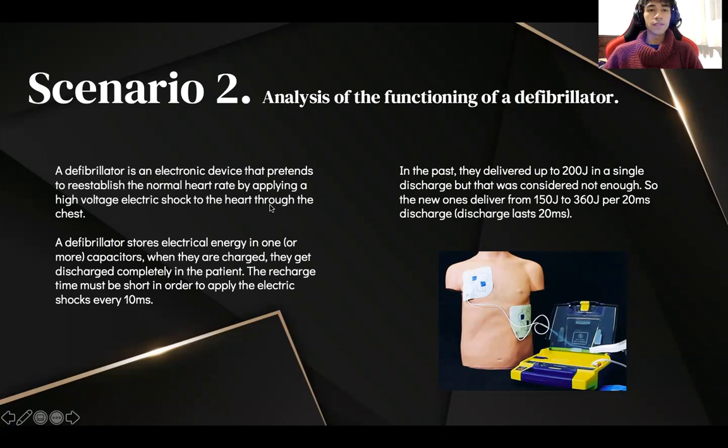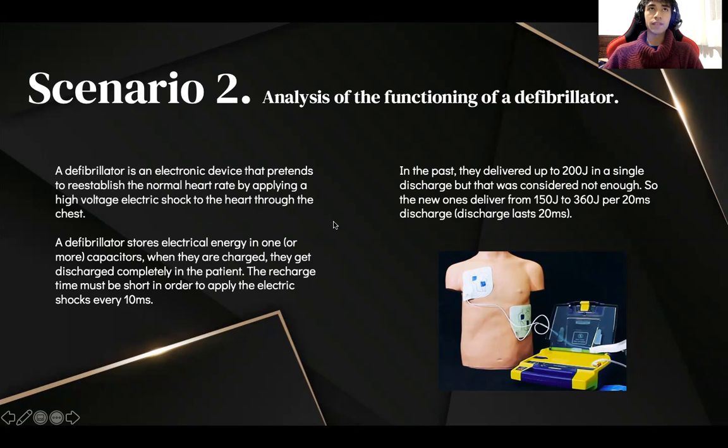Okay, for the second scenario, we have the analysis of a defibrillator. That is an electronic device that aims to reestablish the normal heart rate by applying a high-voltage electric shock to the heart through the chest.